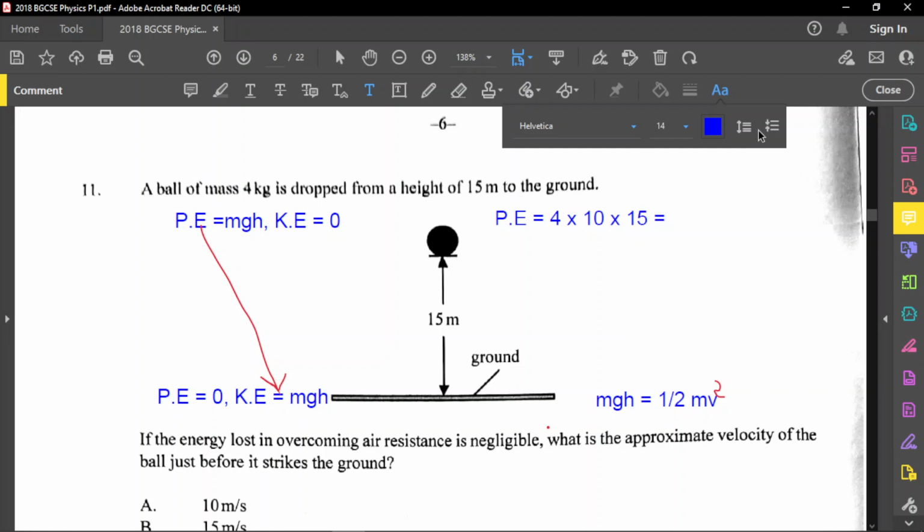So here we're going to get a value of 600 joules of potential energy at maximum height.